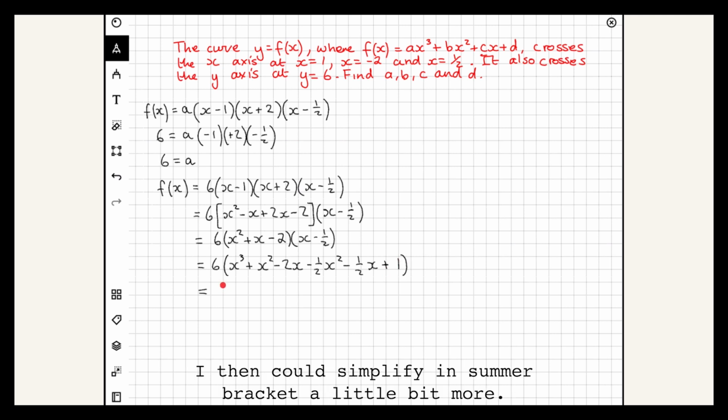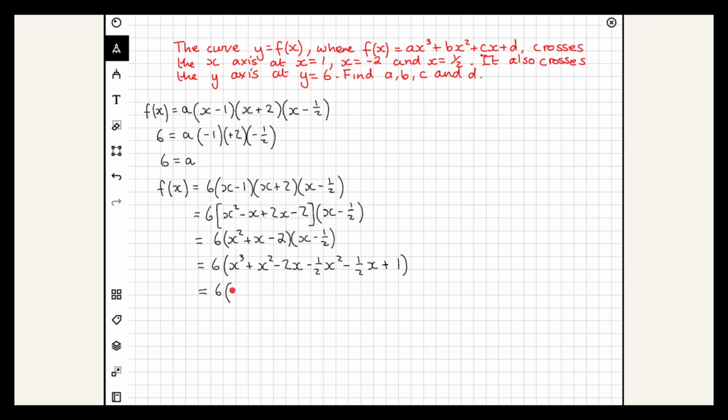I then could simplify inside my bracket a little bit more. I've got one x cubed term. I've got x squared minus a half x squared, which equals a half x squared. I've got minus 2x minus a half x, which is minus 5 over 2 x.